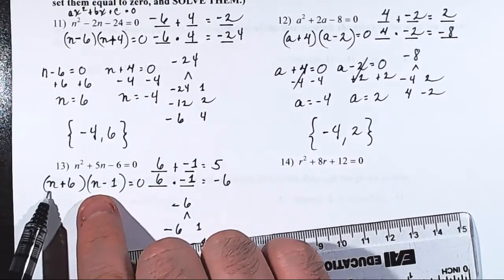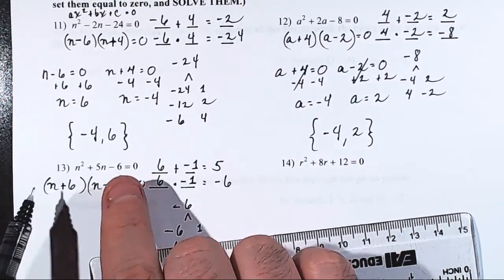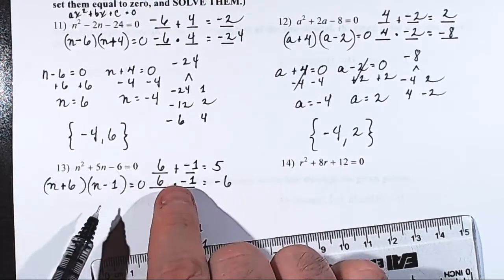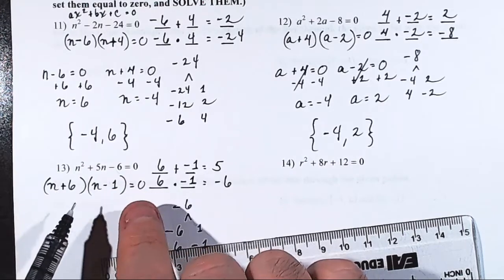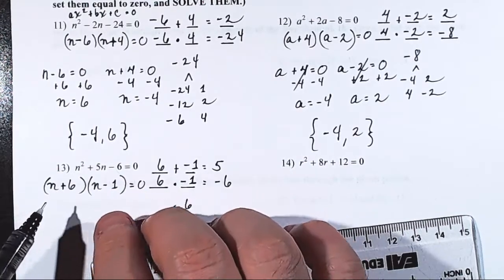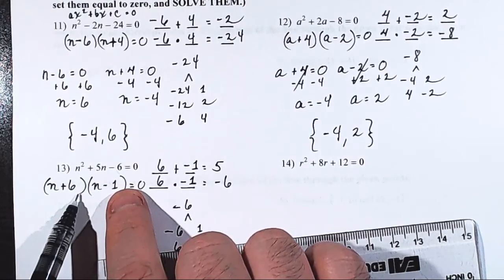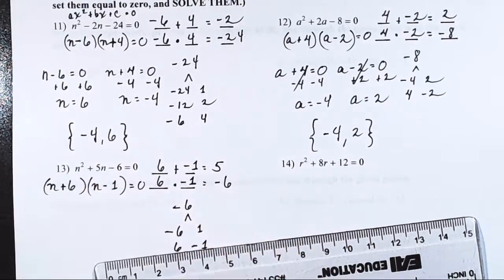First, n squared, outer, negative 1n, inner, plus 6n. You combine those two terms, you get negative 1n plus 6n is positive 5n. And then last, 6 times negative 1 is minus 6. So there's your equation right there.